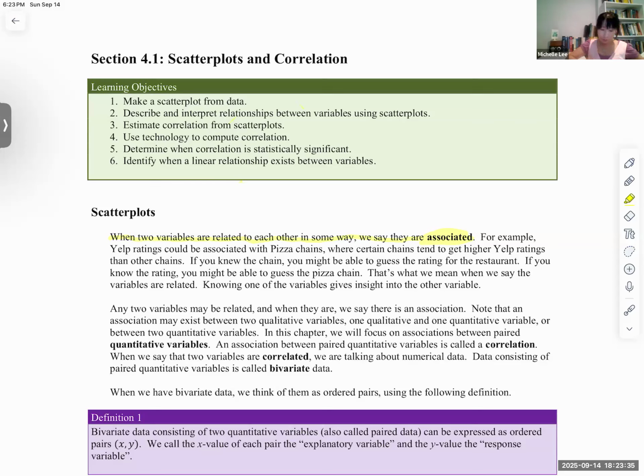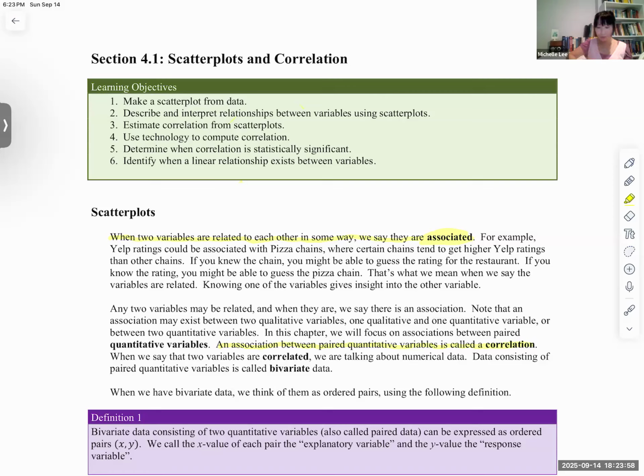And we have correlation here. An association between paired quantitative variables is called correlation. So the two variables must be quantitative, numerical, related to each other, right?